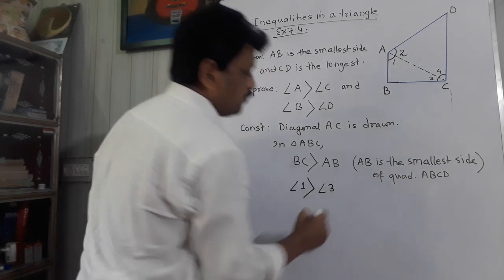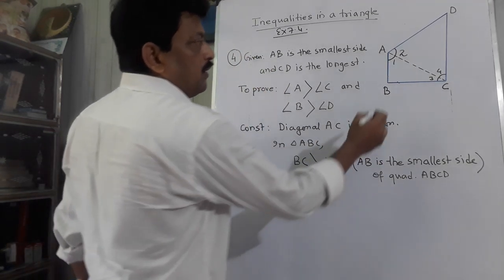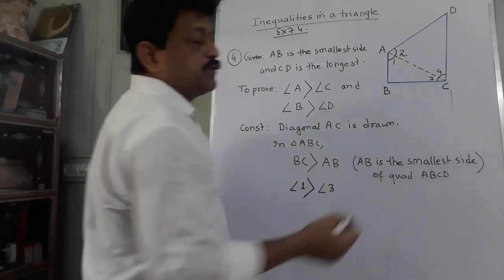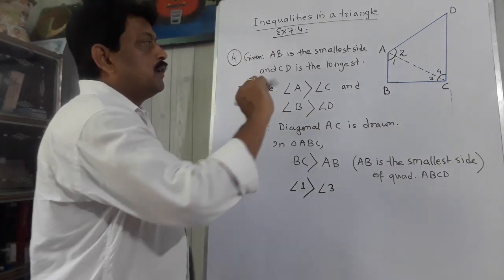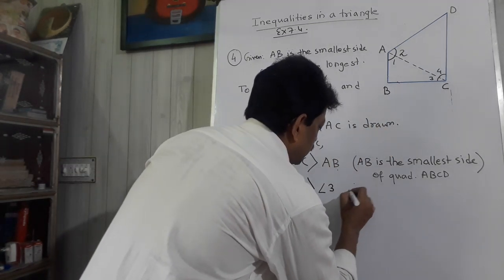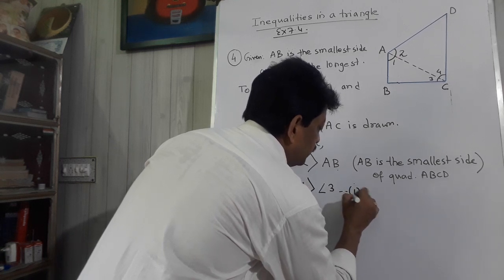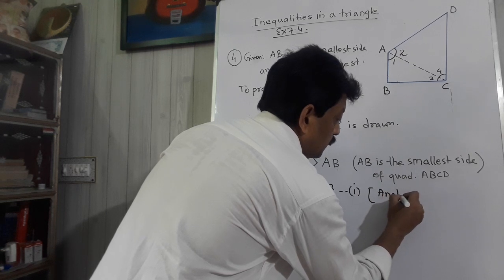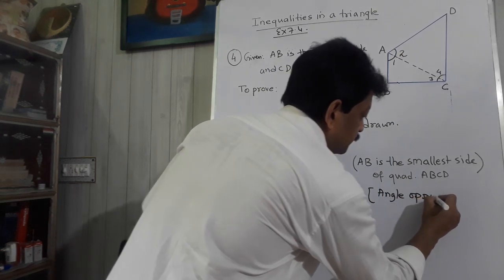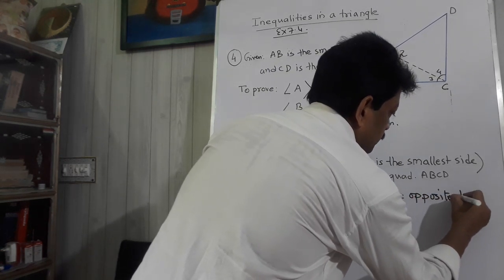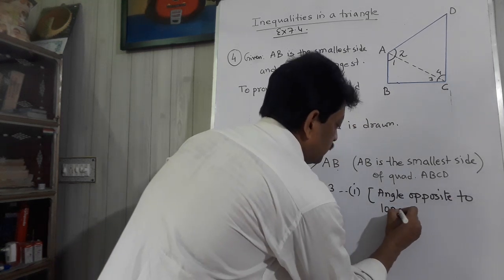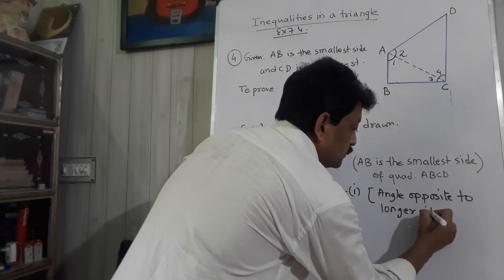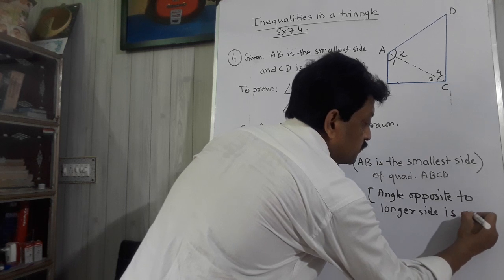Angle 3 is smaller. Understood? Angle opposite to the longer side is greater. So here we will write this as equation number 1, and write down the reason: angle opposite to the longer side is greater.